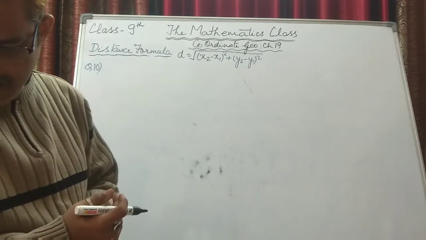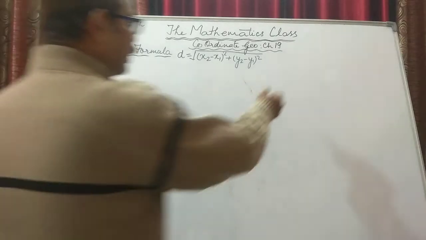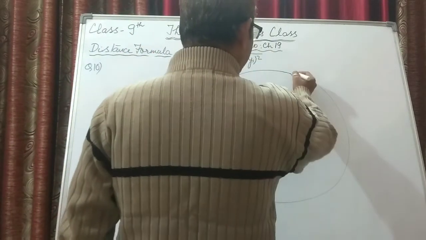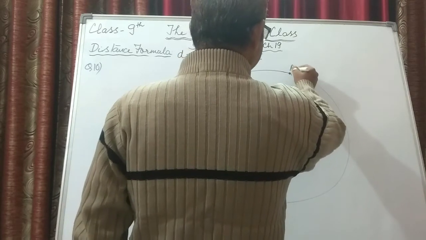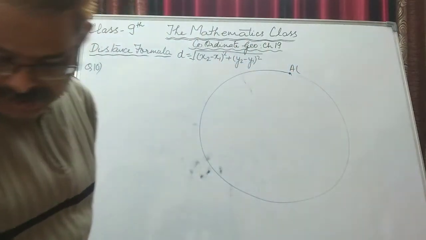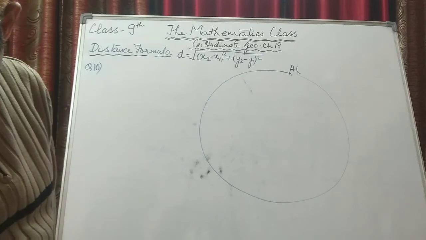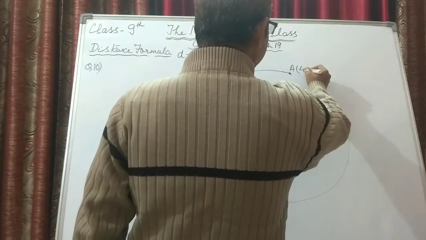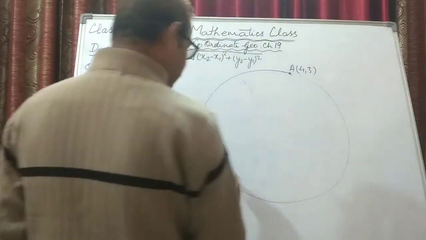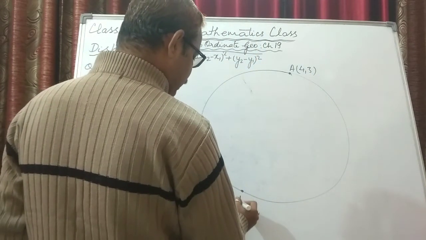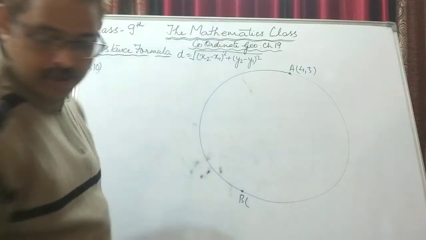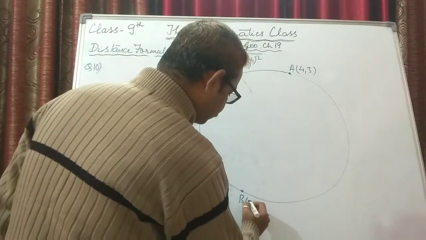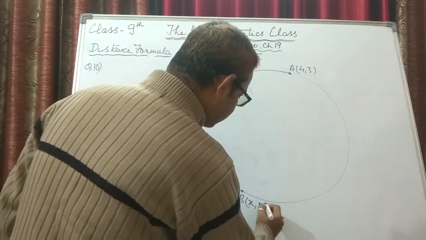If points A and B are on a circle. Now let this be a circle. Point A is somewhere here on the circle and its coordinates are given, 4, 3. Let's suppose somewhere here is the point B and they say its coordinates are given as x, 5.